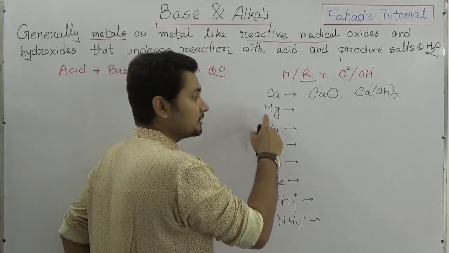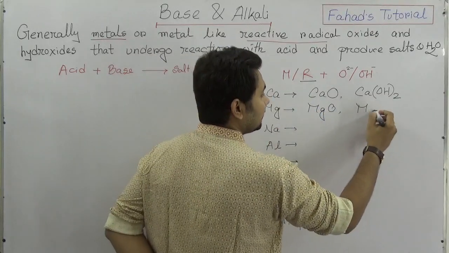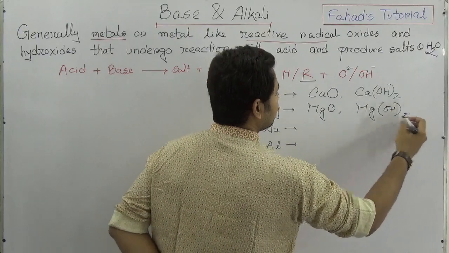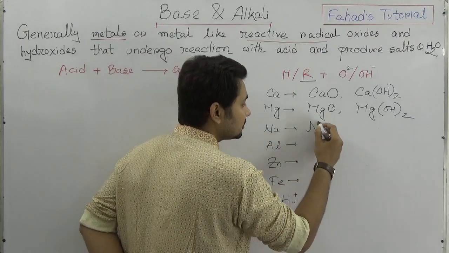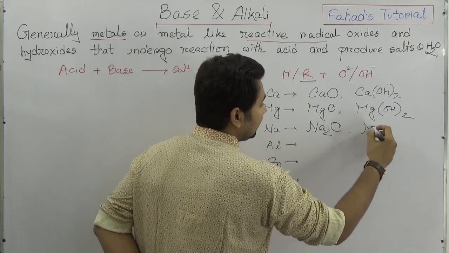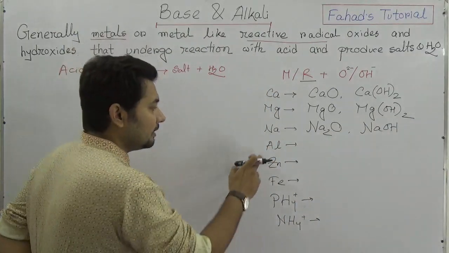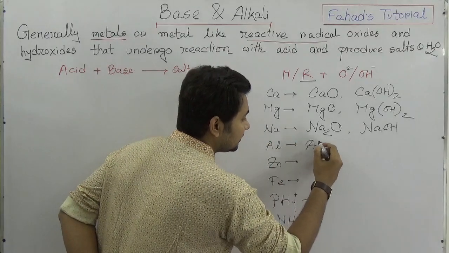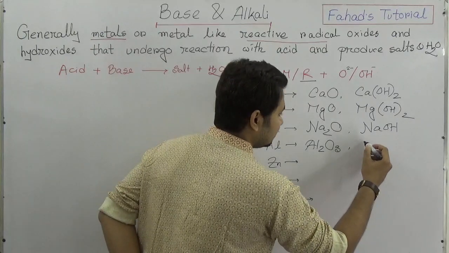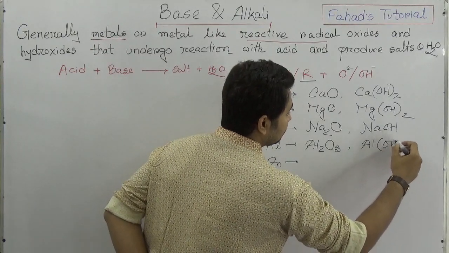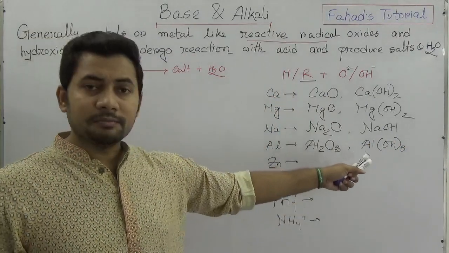In magnesium, it would be magnesium oxide and magnesium hydroxide, because the valency of magnesium is 2. In case of sodium, it would be sodium oxide and sodium hydroxide, because the valency of sodium is 1. About aluminium, it would be Al2O3, aluminium oxide, and Al(OH)3, aluminium hydroxide.